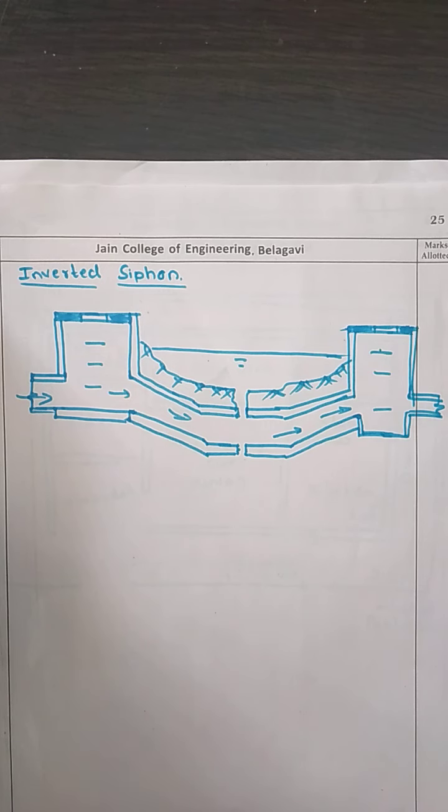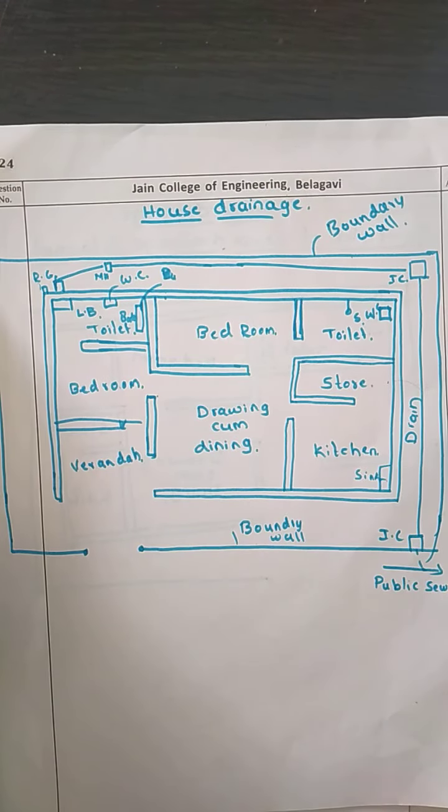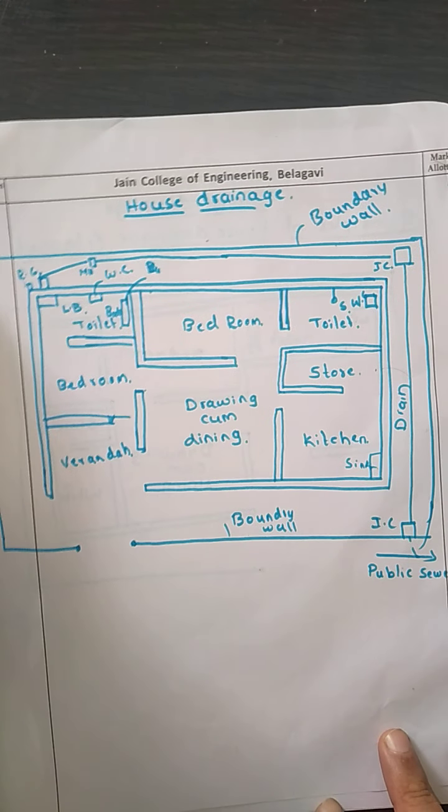Now this is regarding the inverted siphon. We will now see the principles of house drainage. In the previous classes, while giving the introduction, we discussed the water carriage system. The water carriage system and house drainage are similar things.